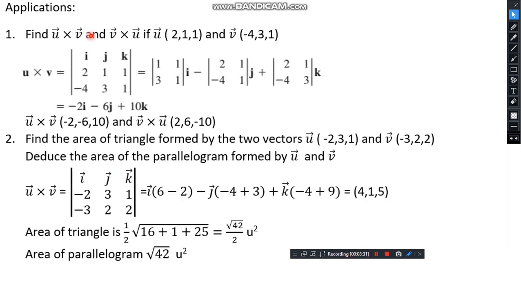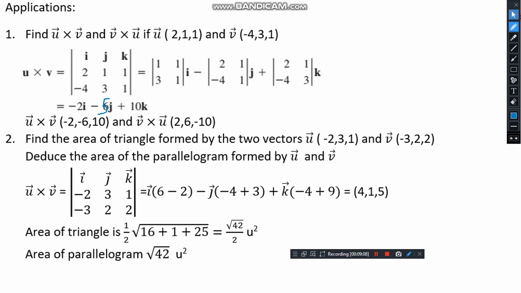Now if we find u cross v and v cross u, u cross v is the opposite of v cross u. So i j k, you put u, you put v, you start with i. Okay, we do 1 minus 3, which is minus 2, then minus j into 2 plus 4, this is 5, not minus 6, so minus 5.